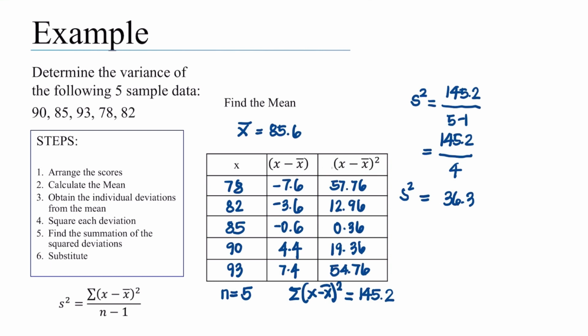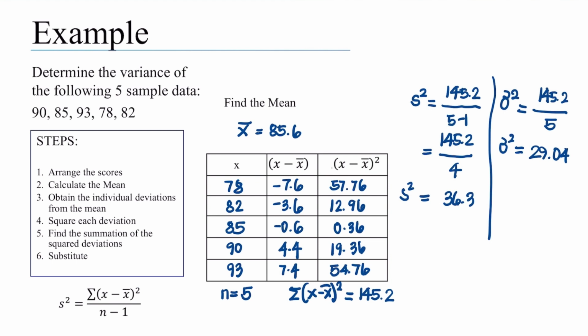But let's say you are also asked to look for the population variance. In that case, class, what you're going to do is just substitute it into the formula. The difference is just that the denominator of the formula should be n only. In that case, population variance is equal to 145.2 divided by 5, which gives you 29.04.